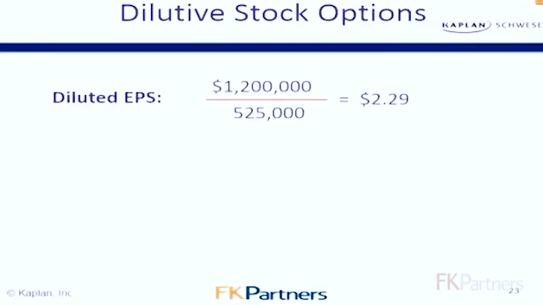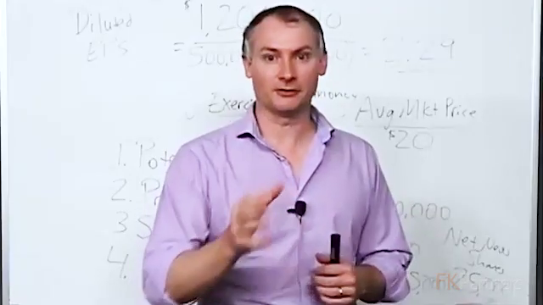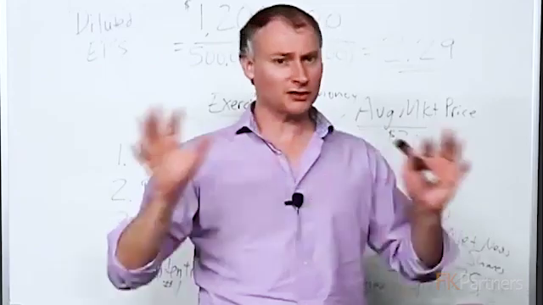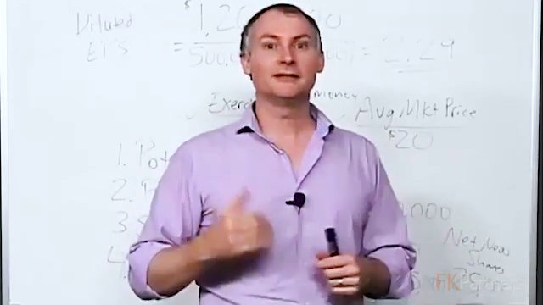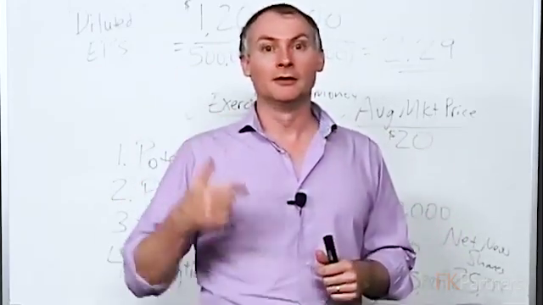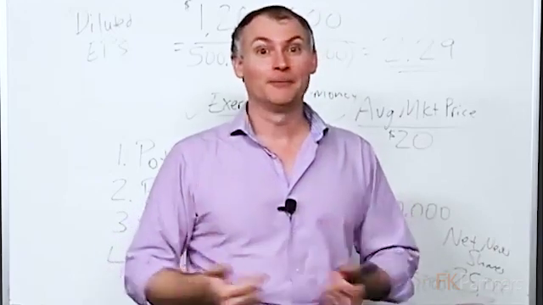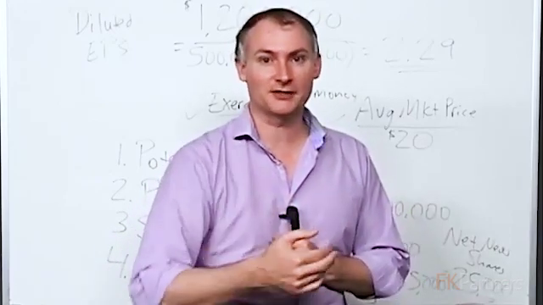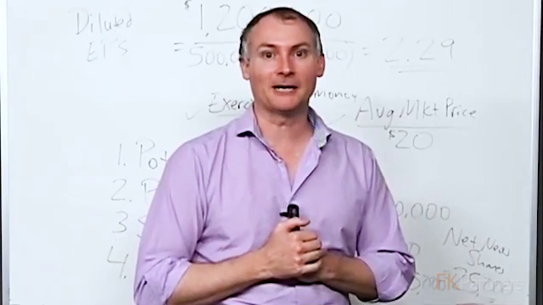So by doing this work, we work our way to a more conservative estimate for the number of shares outstanding. So again, we looked at just purely income over shares. Now we're looking at income over shares plus what would happen if employees actually exercised their in-the-money stock options.